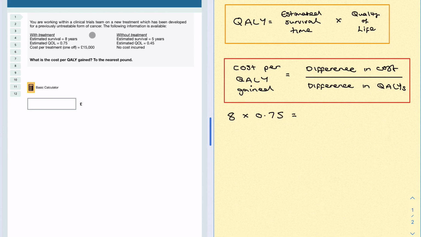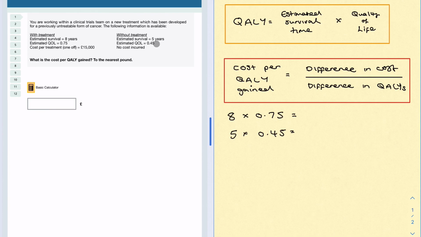Now going on to the second one, without treatment, if I'm going to calculate the QALYs here, it would be 5 times 0.45, as it's 5 years times the quality of life, which is 0.45.